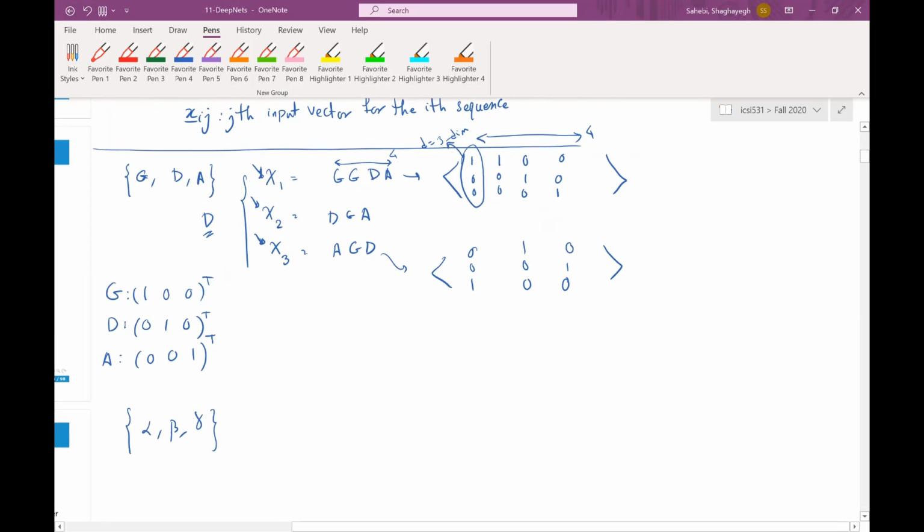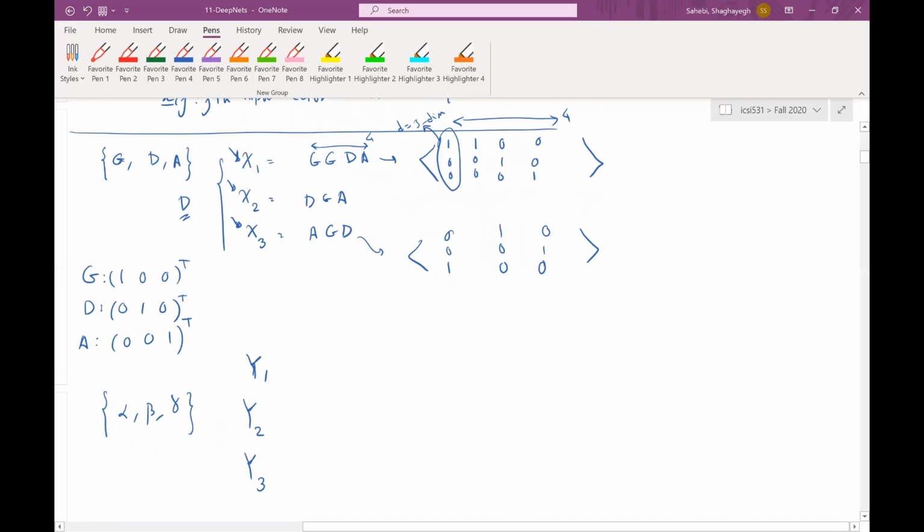So for each of these X's, we also have a Y. So we have Y1, we have Y2, and we have Y3. These are our response variable or target variable. And we are trying to match our input data to this output data.